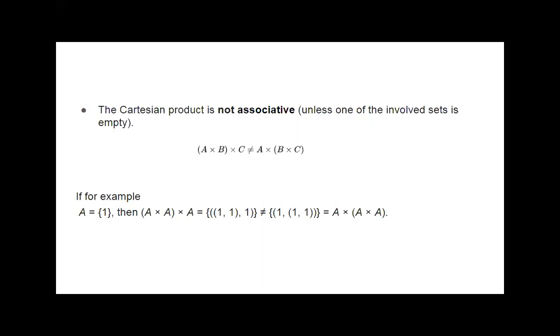Then if we take A cross A cross A, with the first two A's in parentheses, it comes out as ((1,1),1), and it is not equal to (1,(1,1)), because (1,1) in parentheses is an ordered pair and is one element. Just a minute, I will explain it with the whiteboard.